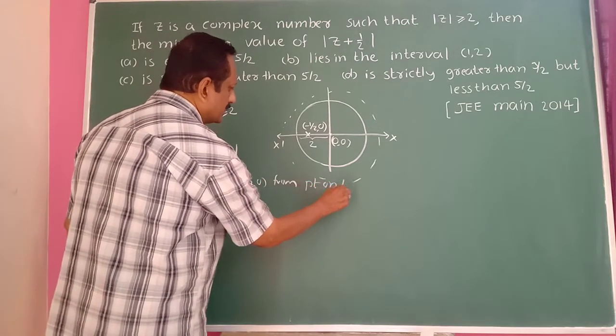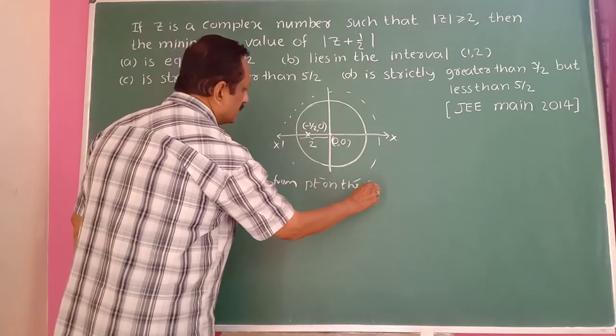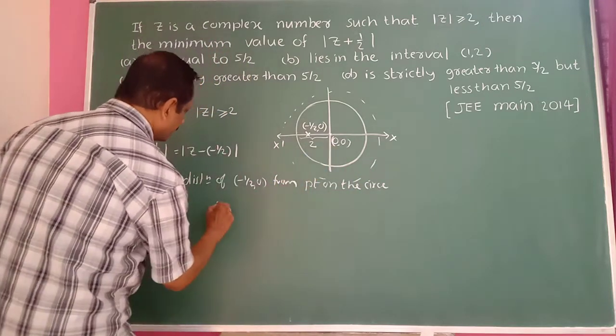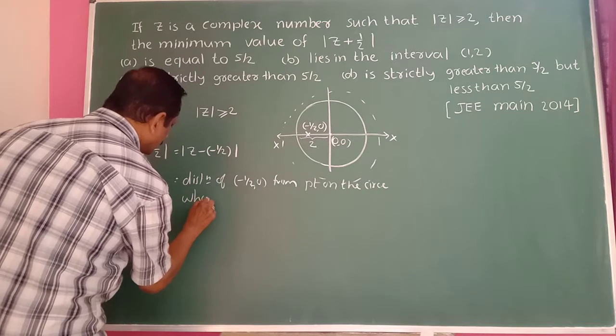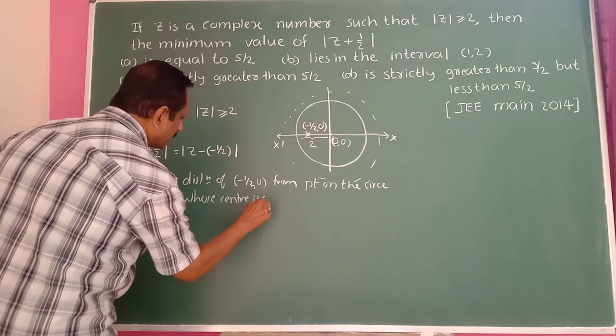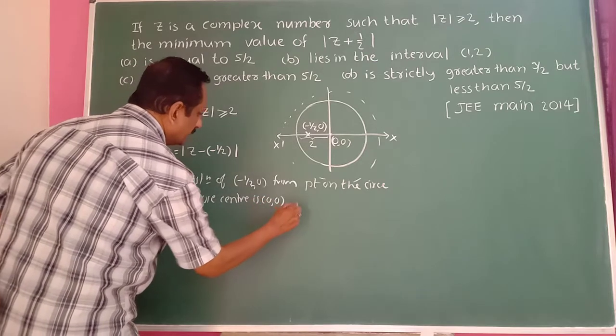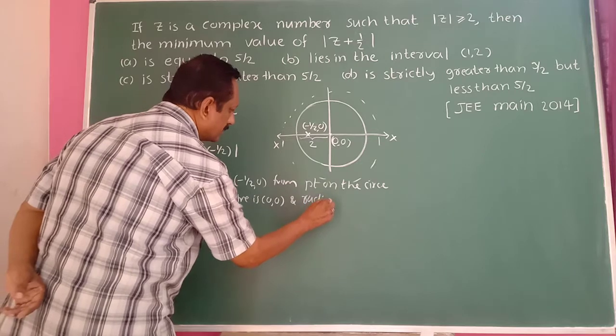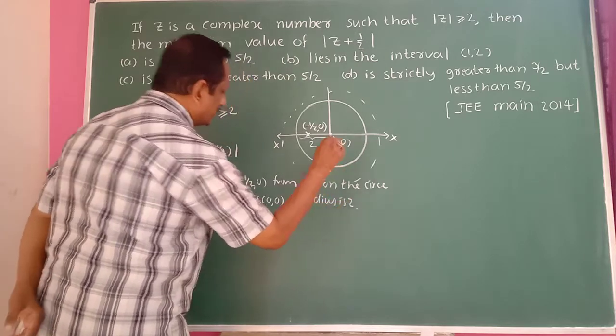on the circle whose center is the origin and radius is 2 units.